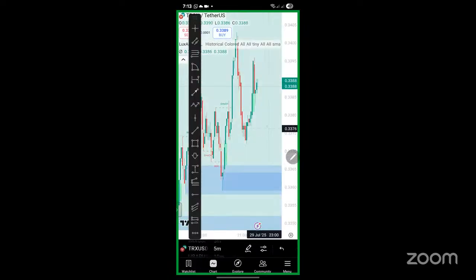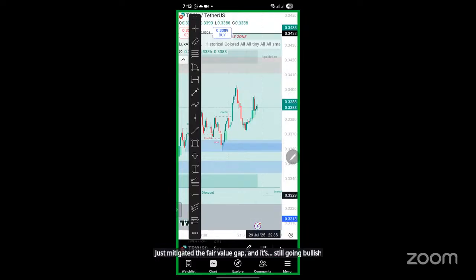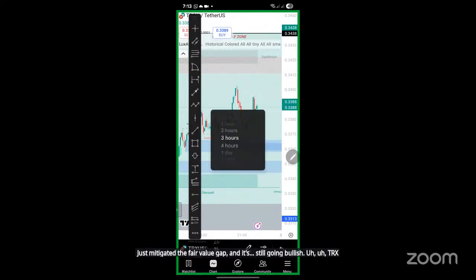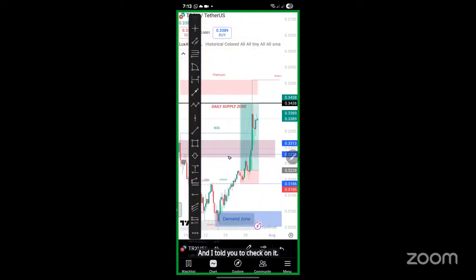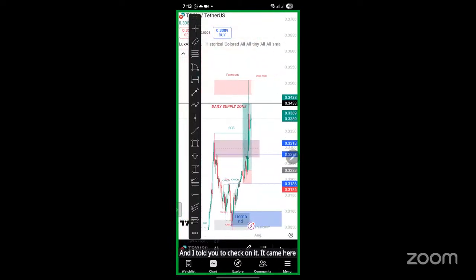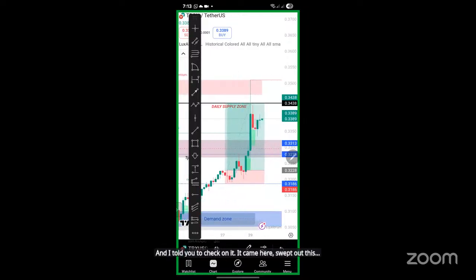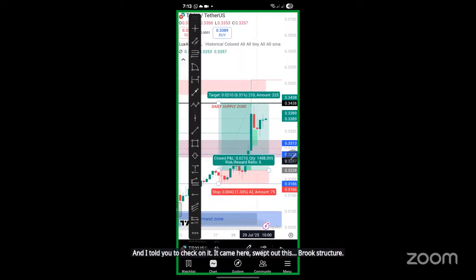So it has a decline here. It has mitigated the fair value gap, and it's still going bullish. TRX has been a good coin to trade, and I told you to check on it. It came here, swept out this broken structure, and has respected the fair value gap.